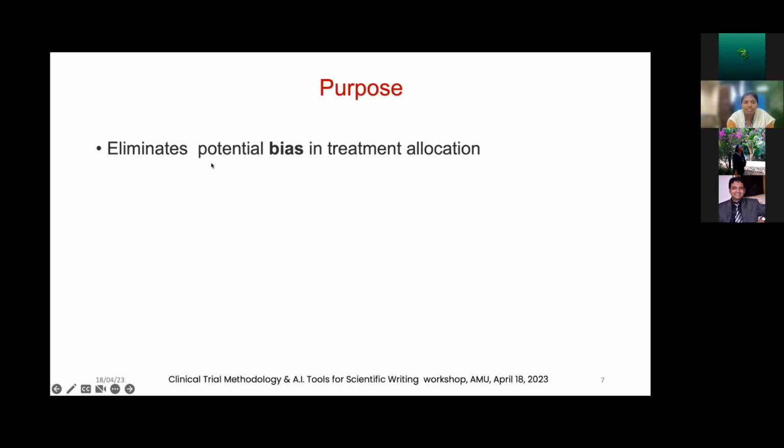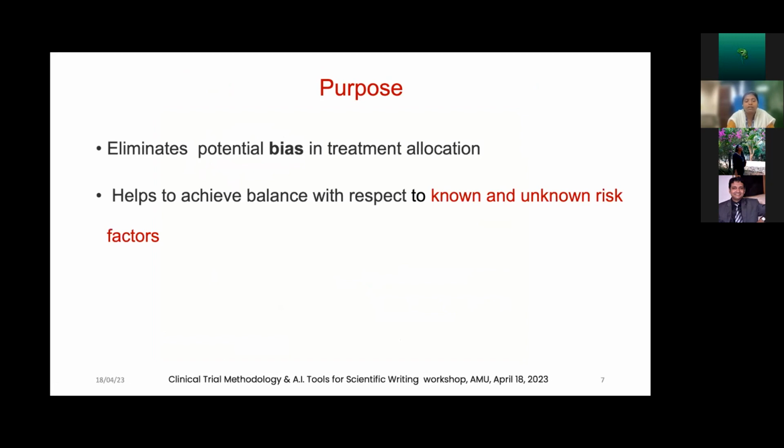So you avoid selection bias by doing the randomization procedure, because you give equal chance for every participant to go into either of the arms, rather than you dictating which patient goes to which arm. The other thing you achieve with the randomization procedure is balance with respect to known as well as unknown risk factors.